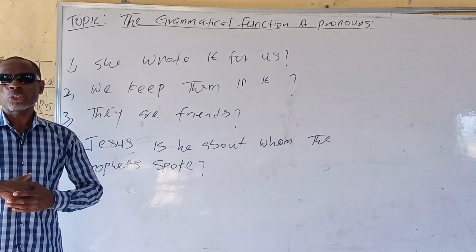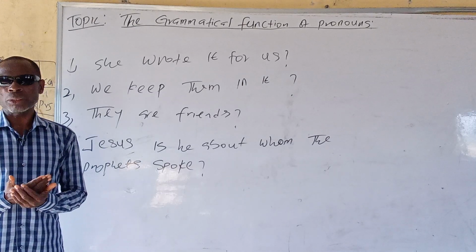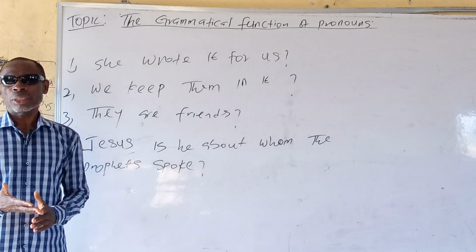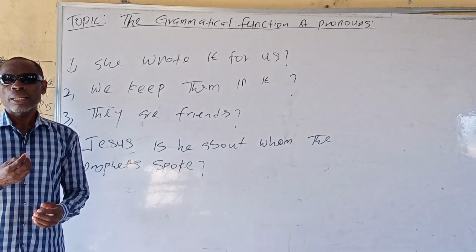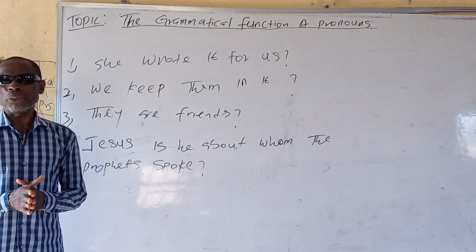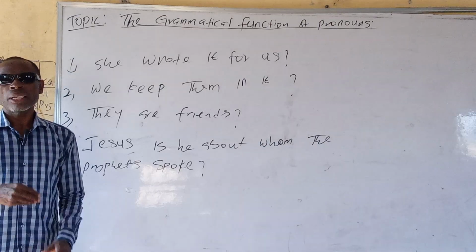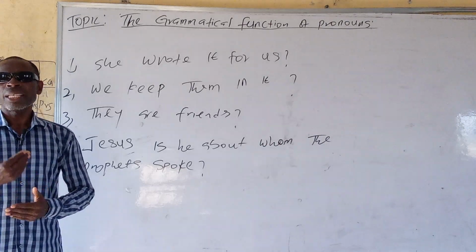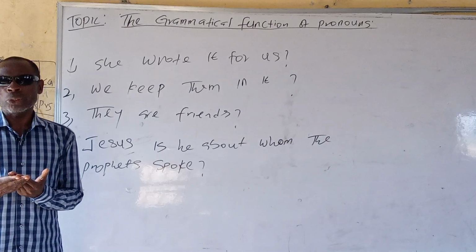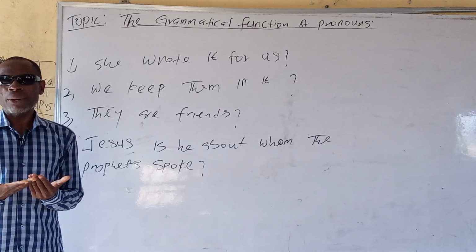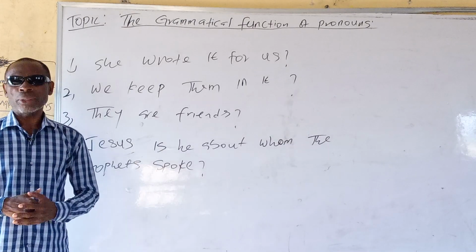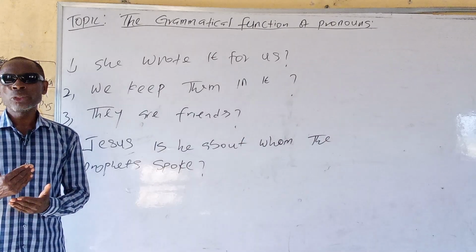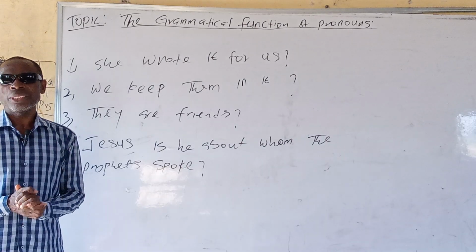Now to the third grammatical function of pronouns, and that is object of the preposition in a given sentence. The object of the preposition is that word, it could be a noun or a pronoun, that follows the preposition in a given sentence.